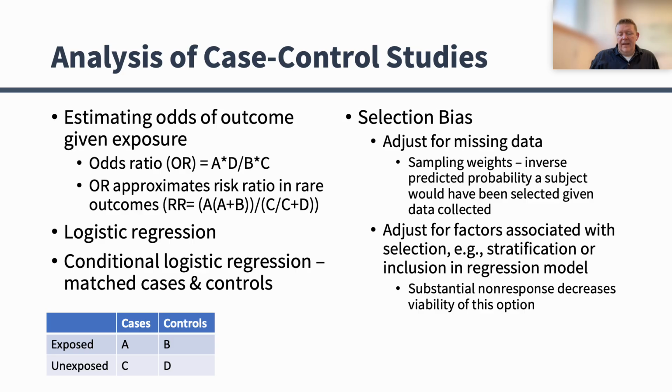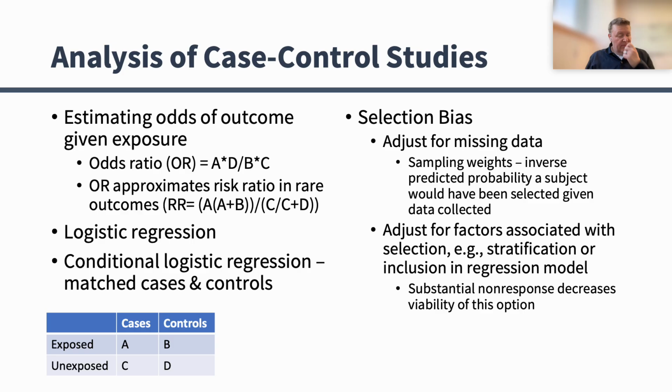You do A times D divided by B times C to calculate our crude odds ratio. And in the cases of rare diseases, they approximate the relative risk or the risk ratio, because of the way that those are calculated.